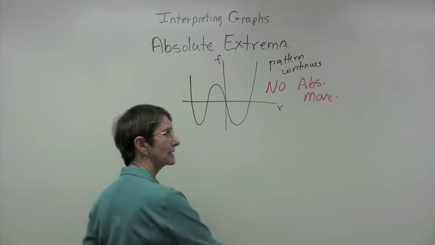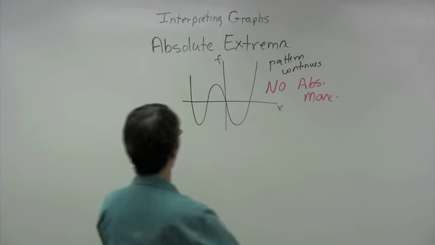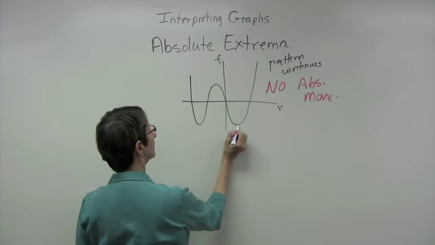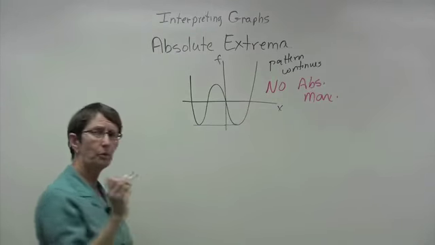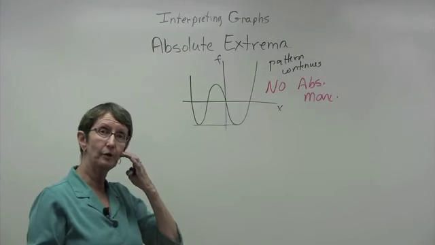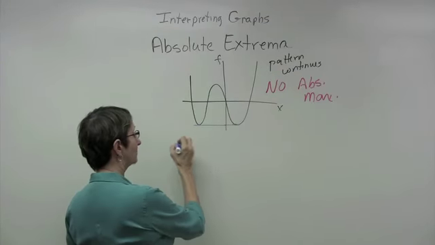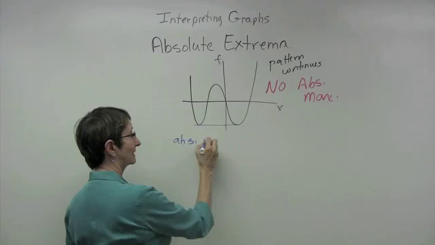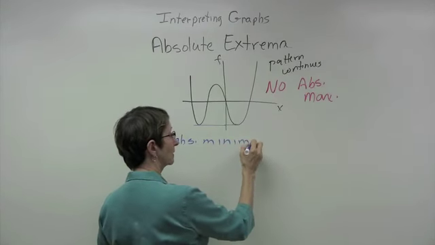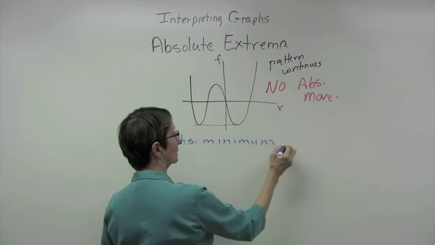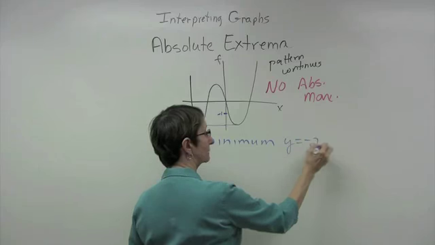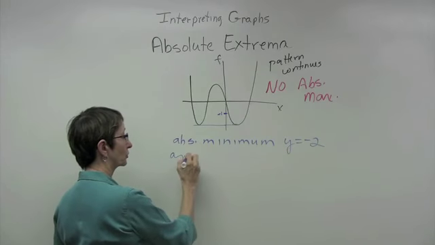What about an absolute minimum? Well, let's see. It actually looks like I have 2 points with the same y value, and they are the lowest y value. But remember, the absolute max or min is a y value. So my absolute minimum on this graph is y equal to -2, and it occurs twice.